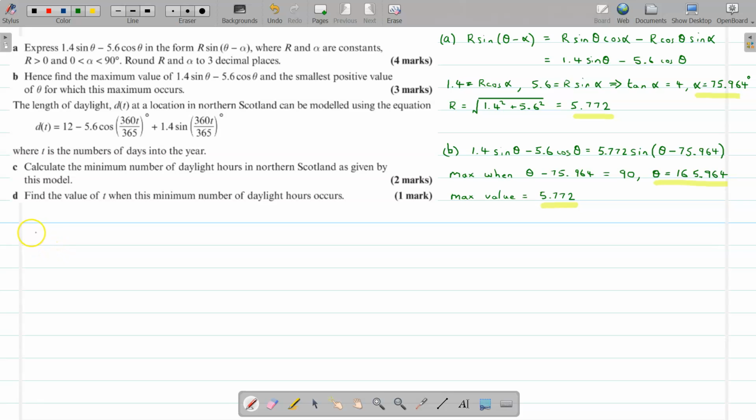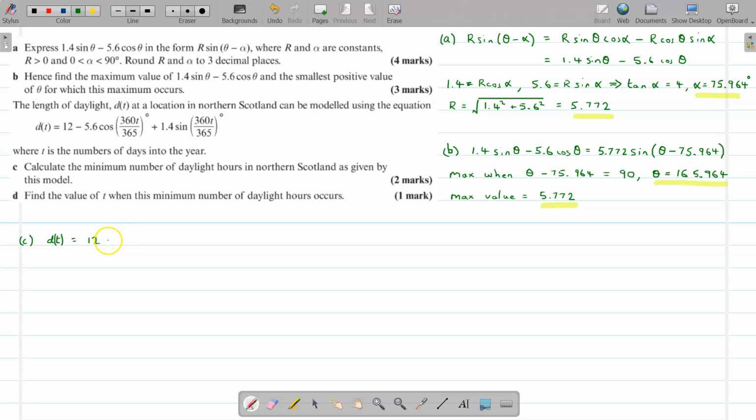So what I can say now then is that dt, okay, so we have the 12, so dt equals 12, and instead of writing it in this form, I'm going to write it in the form r sine, as I've just done here.